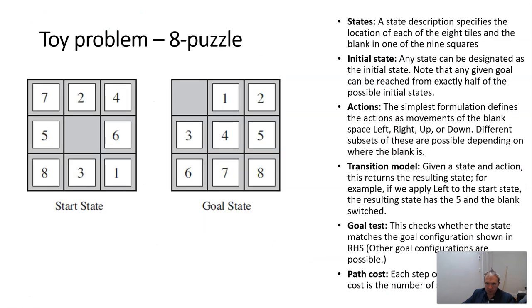Okay? A second toy problem is the 8 puzzle problem. Now, the 8 puzzle is an instance of a block puzzle as shown. It consists of a 3x3 grid with 8 numbered tiles and a blank space. A tile adjacent to the blank space can slide into the space, so you're able to move the tile into the blank space.